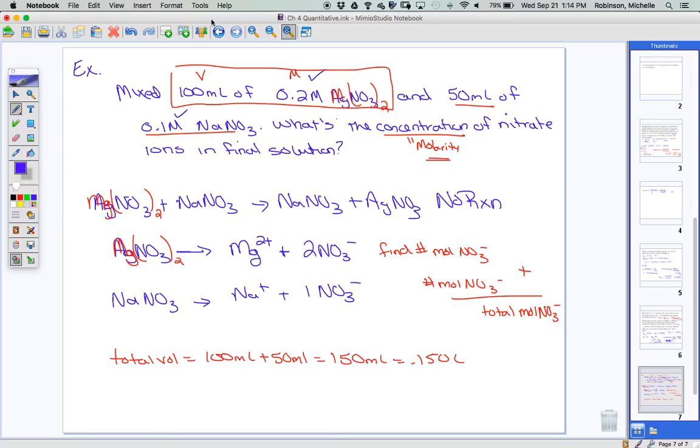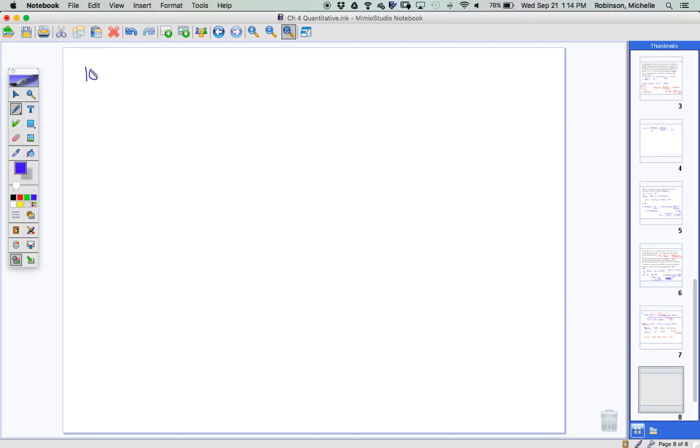All right, so let me write it on the next page because I've got scribble all over that one. So what we know is we have 100 milliliters of 0.2 molar MgNO3, and we had 50 milliliters. What molarity did I put? 0.1? 0.1 molar NaNO3. Okay, so let's figure out how many, oh, I forgot my 2.